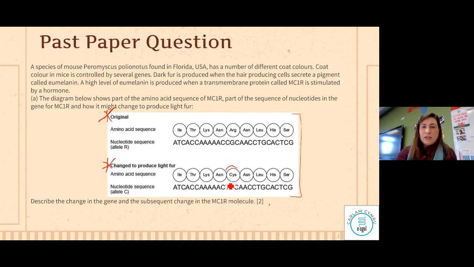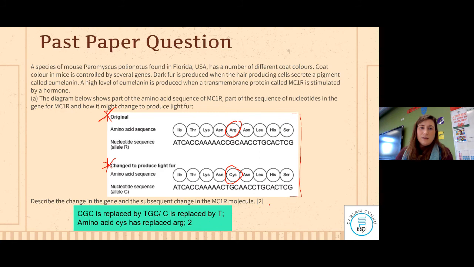And you have a change here. So let's have a look at the answer. If you're not ready, you can press pause. So we can comment on CGC has been replaced by TGC, okay? Or you can discuss that the amino acid cysteine has replaced ARG.